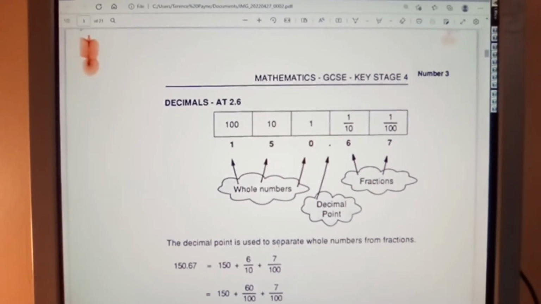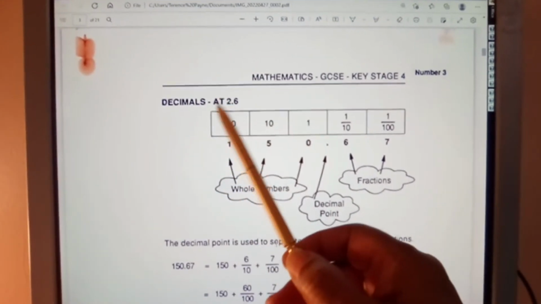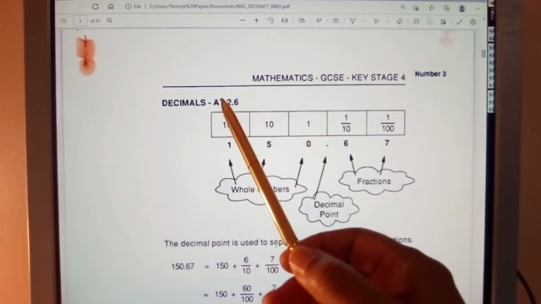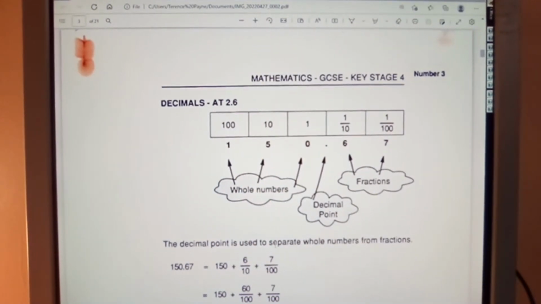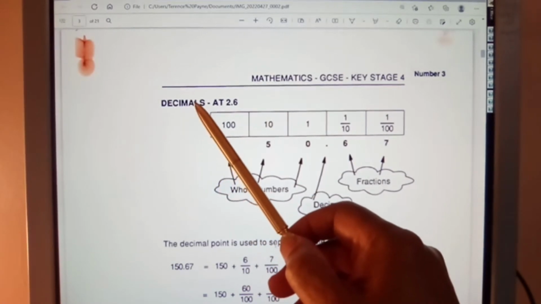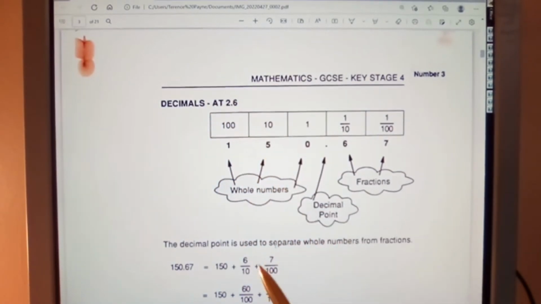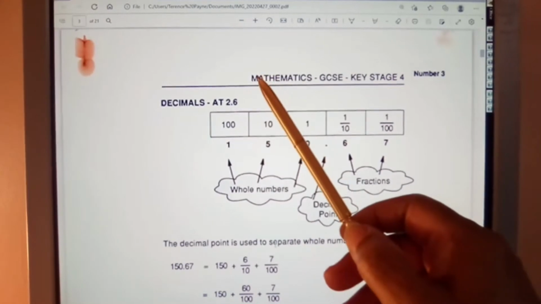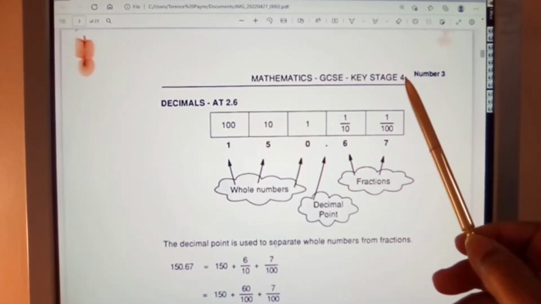Now what we're going to look at here is decimals. Ignore that, that's purely a point of reference for 82.6. That is our heading, decimals. Ignore this bit, that's not relevant. Again, we're looking at mathematics GCSE Key Stage 4.